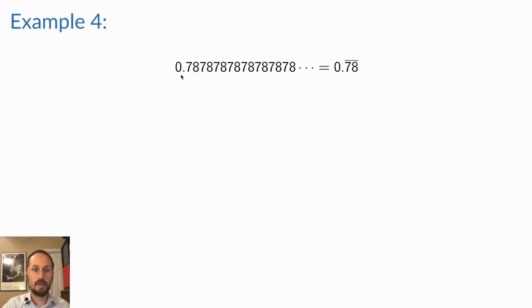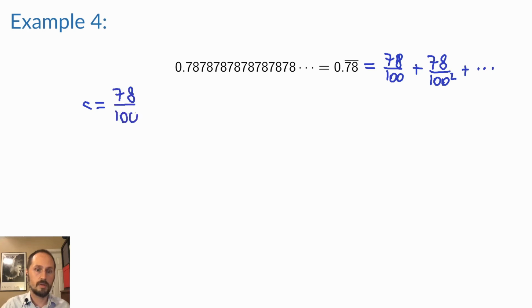Right, so we had this 0.78, 78, 78, 78, etc. And then what we saw earlier was this is 78 over 100 plus 78 over 100 squared, etc. So that means that c is 78 over 100, and this common ratio that we have here is going to be 1 over 100.